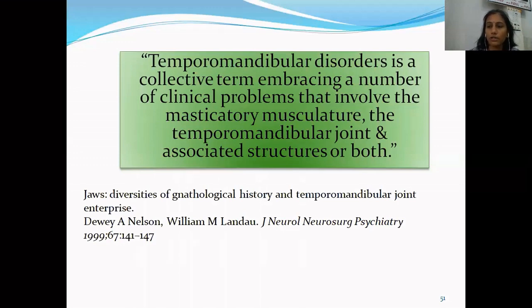Temporomandibular joint disorders is a collective term embracing a number of clinical problems which involve either the TMJ or the masticatory musculature or associated structures, or both. It means the pain may occur only in the joint in a few patients, or only as muscular pain, or sometimes both can coexist in one patient.